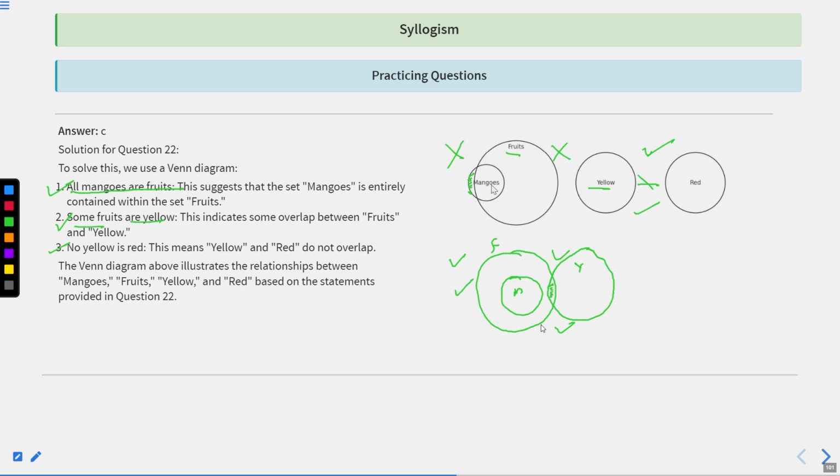Now, the second conclusion says that all mangoes being yellow is a possibility. It could have been a possibility if there had been a reason. But what we can see here is that there are certain fruits which are overlapping with yellow. We cannot come to this conclusion from the Venn diagram, whether or not mango can overlap the whole yellow circle, or whether mango and yellow have any sort of relation through this Venn diagram.